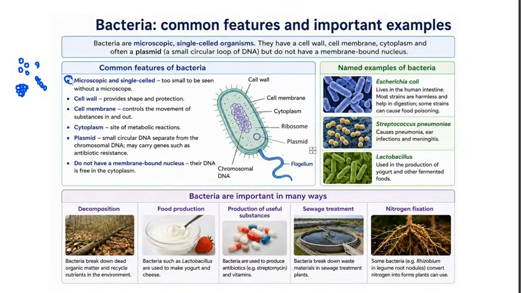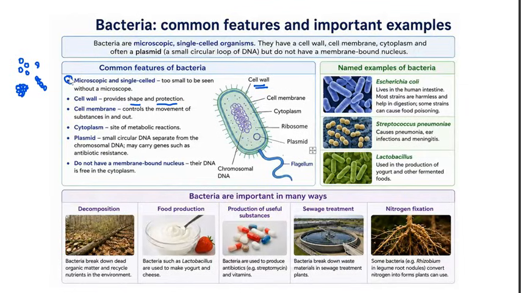But the detailed structure that we can see in this diagram, most school microscopes wouldn't allow you to see, and indeed you would need an electron microscope to see most of these features. Notice that we have a cell wall, and that's going to provide the bacterial cell with shape, and it's also going to protect it from the environment.